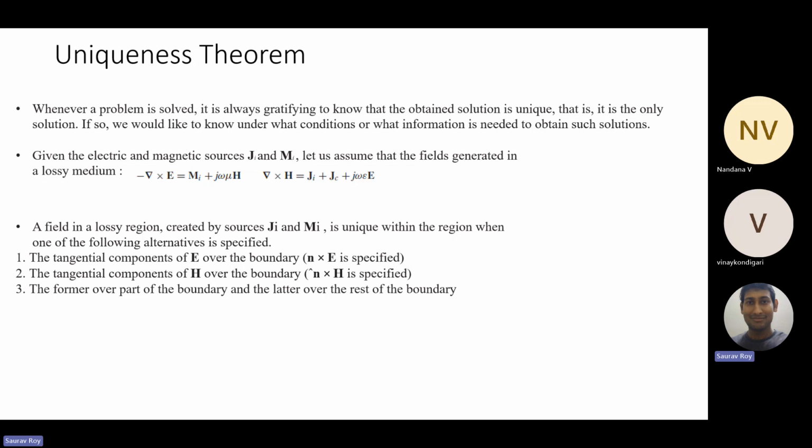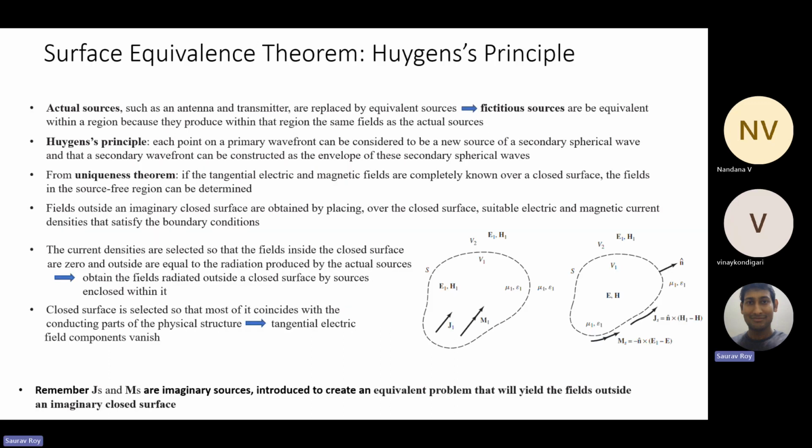Okay, so now we will have more of this in pictorial form, and you will understand better. The more advanced and more important theorem is the surface equivalence theorem, also called Huygens principle. We'll see how this theorem needs the uniqueness theorem. Here you see these pictures. Do you see the bottom right side? This dotted line is our boundary.